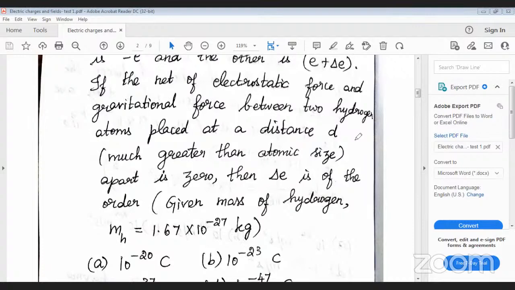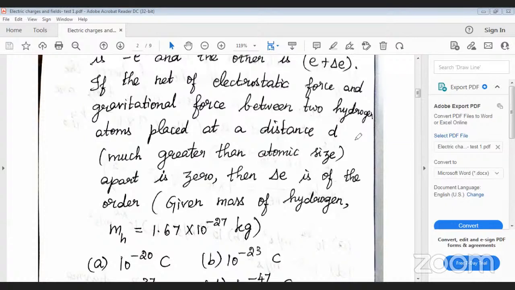Gravitational force, I think you all might have studied in your 11th grade. Whatever objects are there in the universe, we have gravitational force between those objects. So that gravitational force exists between two hydrogen atoms. At the same time, the electrostatic force is also operating between the two hydrogen atoms.